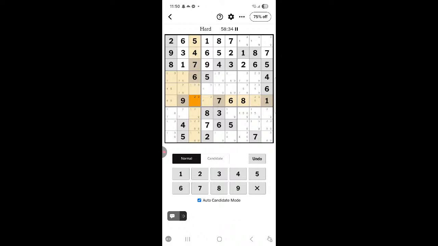And if 8 can't be anywhere else in the column, then 9 has and 8 has to, 9, 9, 9. 2, another 2.